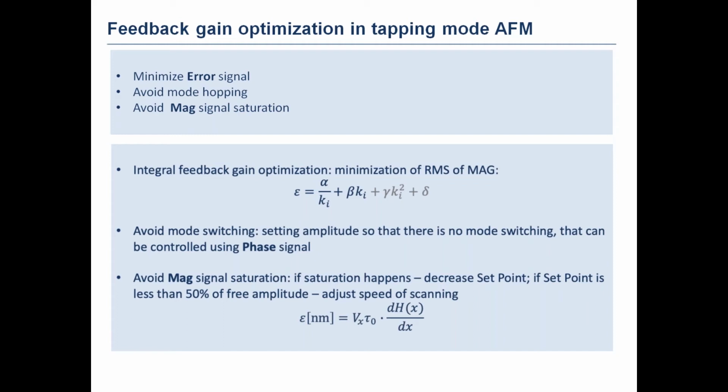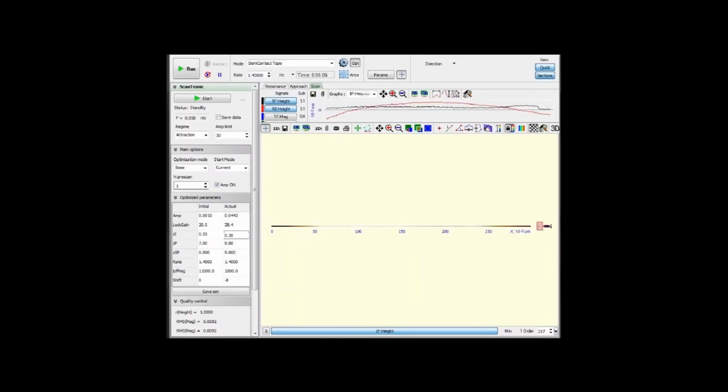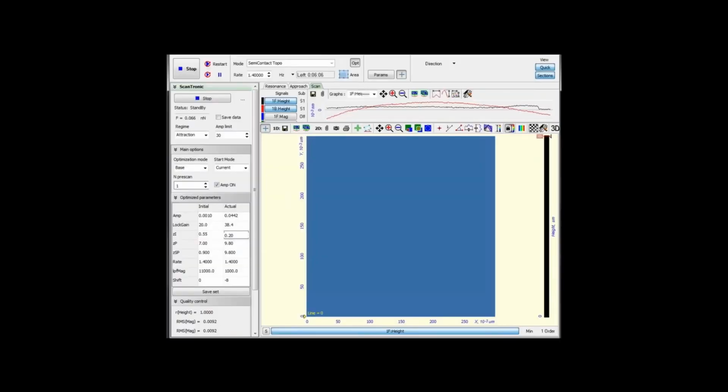And using all this quite basic and simple stuff, we are able to develop the algorithm that allows us to automatically, literally in one click, adjust the whole set of scanning parameters in tapping mode AFM, so that even quite difficult samples like self-assembled DNA origami in these examples can be scanned literally from the first attempt. This video shows how it happens.